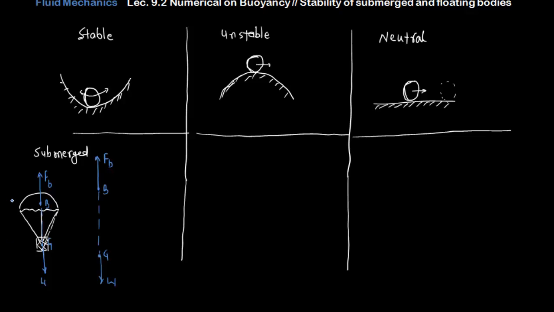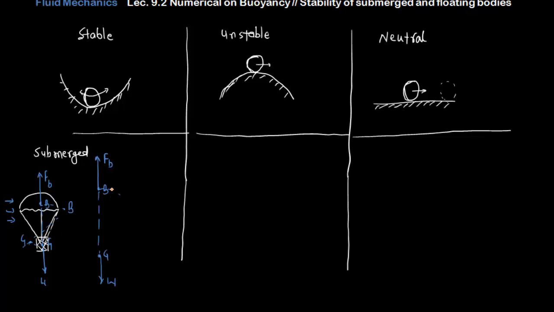Let's say due to some wind force or wind gust, this is disturbed. So point B will shift around here, and this line is going here, and point G is going to shift here. So this will look like this. I'm using a different color here.